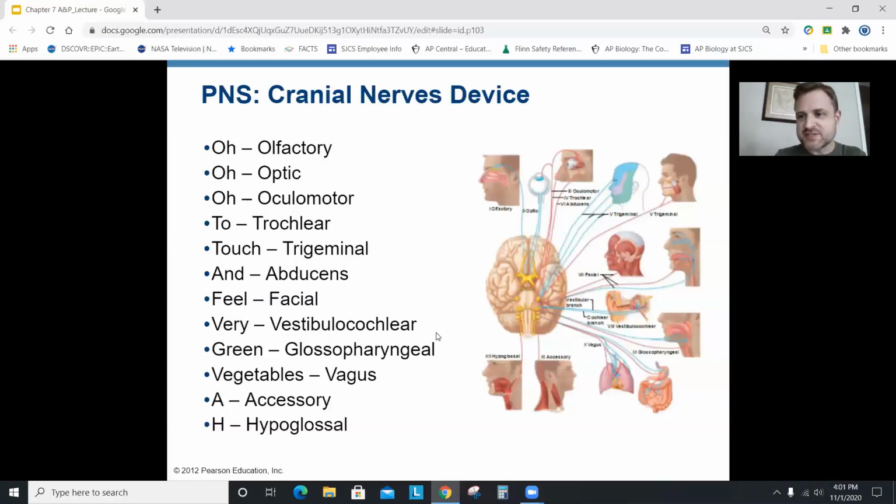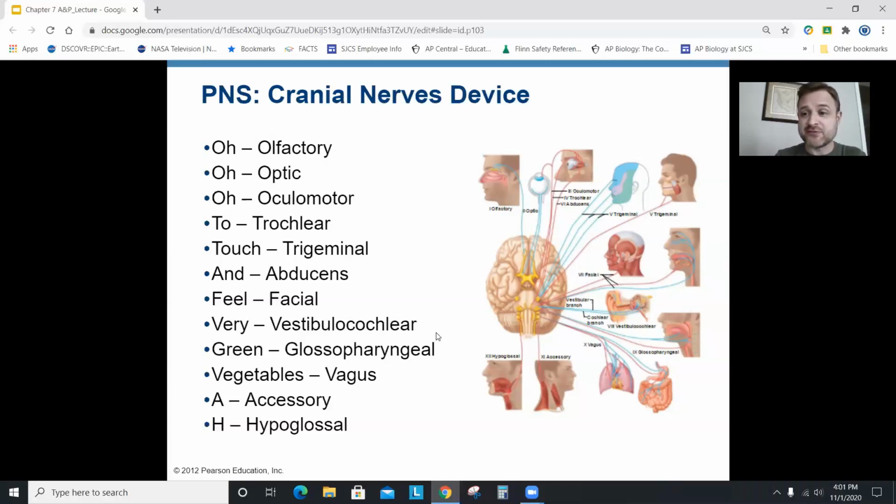Your book gives this mnemonic, "Oh, to touch and feel very green vegetables." I never found that mnemonic to be particularly helpful. But the 12 cranial nerves, you number them 1 through 12. The first one is the olfactory, the second one's the optic, right? Let's just pronounce these real quick.